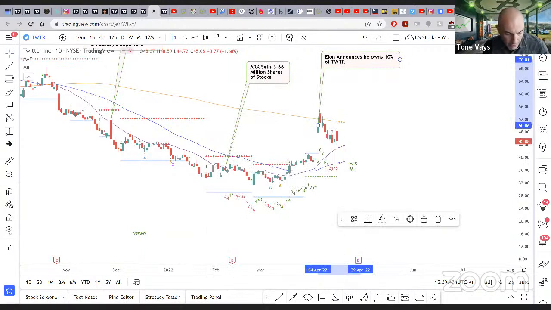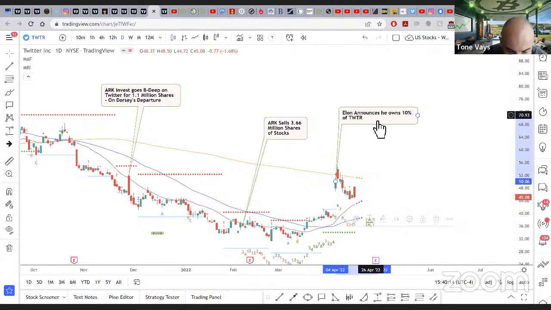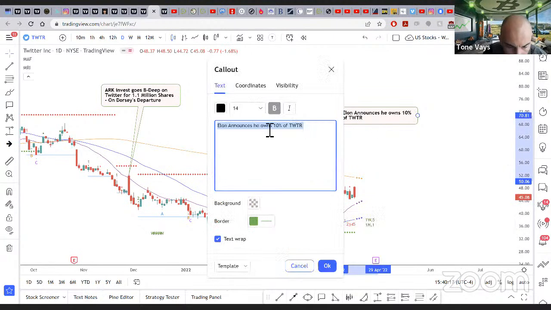I'm Googling it. How many shares does Elon Musk own? But I should be more specific. Elon Musk wants to buy shares of Twitter. It's just 10% of the market cap. 71 million shares. Man, that's a lot of shares.